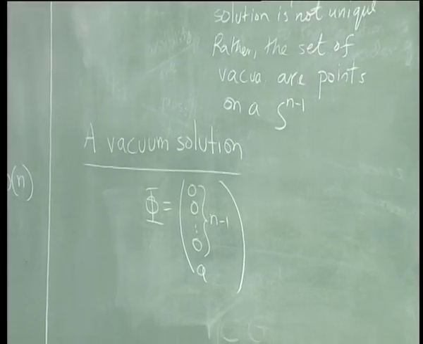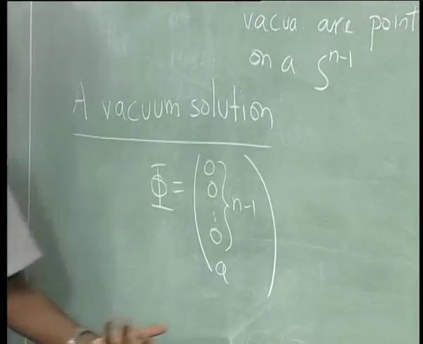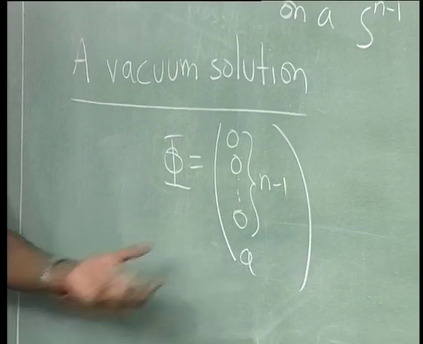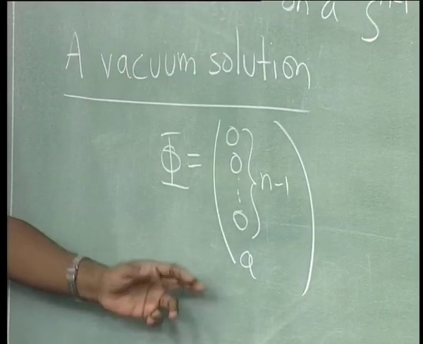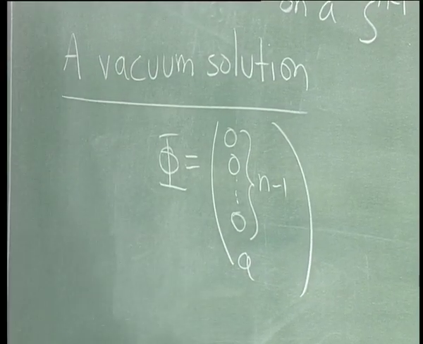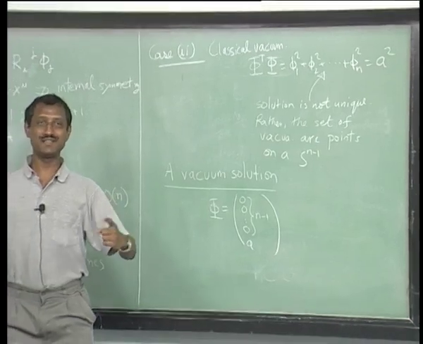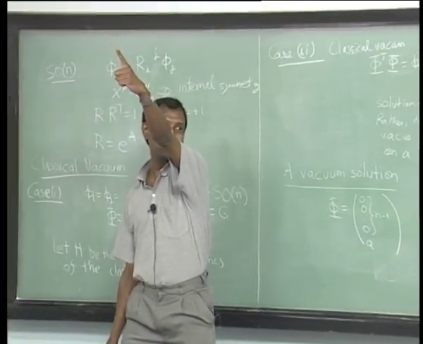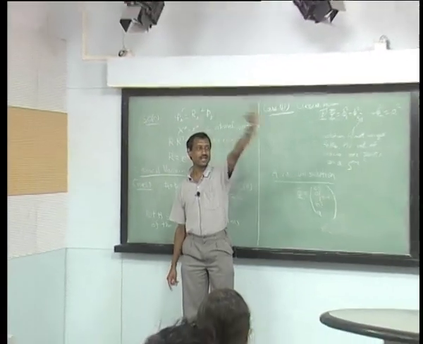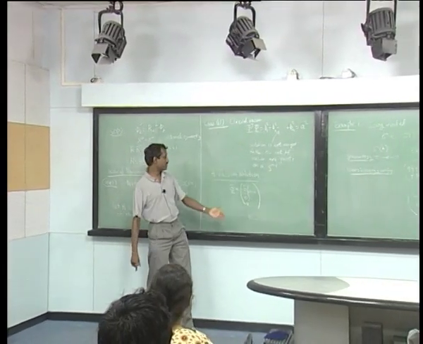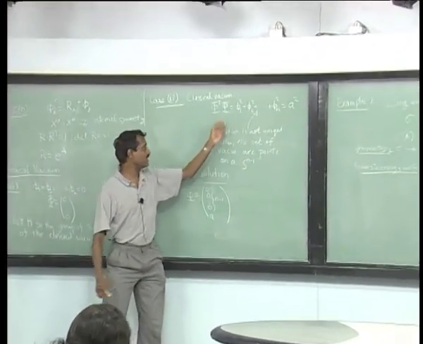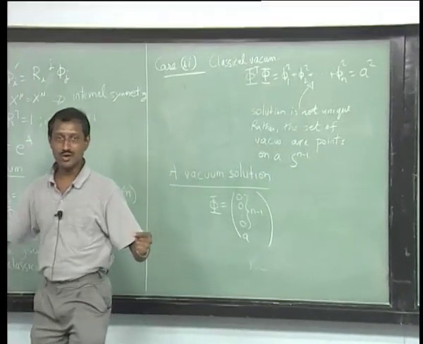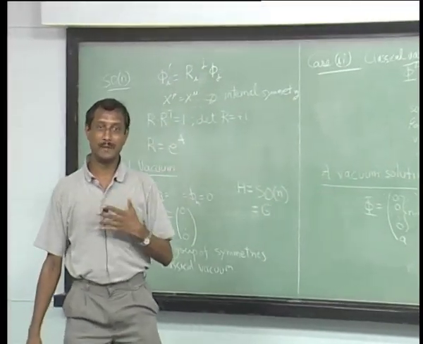So, we know that if you take SO(n) and act on these things, if I take an arbitrary SO(n), it will mix it, and in general, let us put n equal to 3 because we want to picture things. If I choose a vector this way and do an arbitrary rotation, then I will go to some other vector. So, in general I will generate all the components back. It will be some motion on the 2 dimensional sphere for n equal to 3.